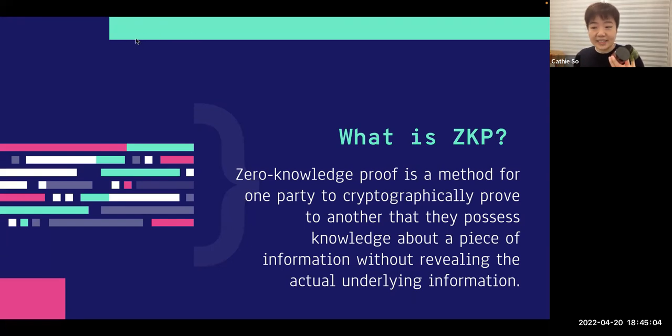So the idea is, let's say my supervisor is colorblind, and he can't tell that these two are of different colors. Well, I want to prove to him that these two are different colors without telling him that this is green and this is red, because I don't want to reveal that information.